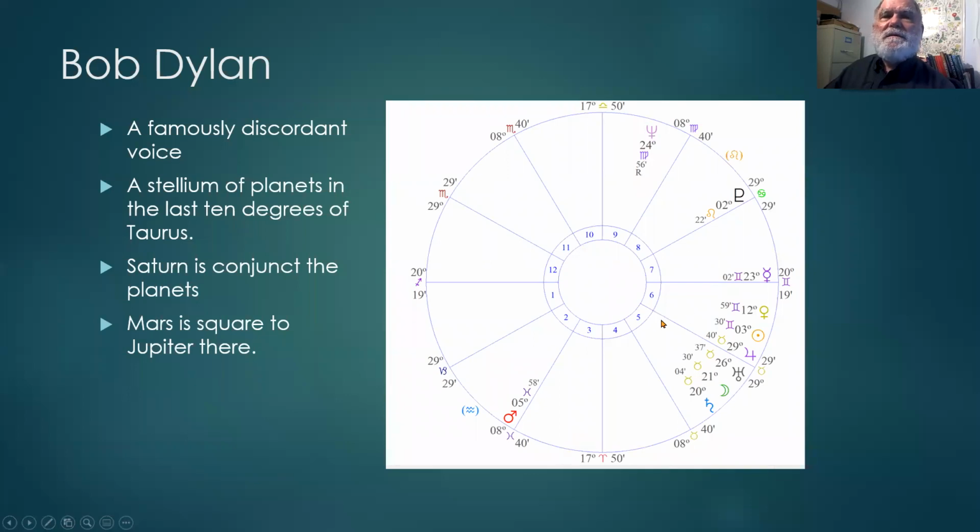And the Venus would be, in this case, a very secondary influence on Taurus because of all this other heavy planetary energy in Taurus. Venus would be a small subsidiary amount of energy added in there. So we have Saturn conjunct the planets, and Mars is square to Jupiter in Taurus over here also.